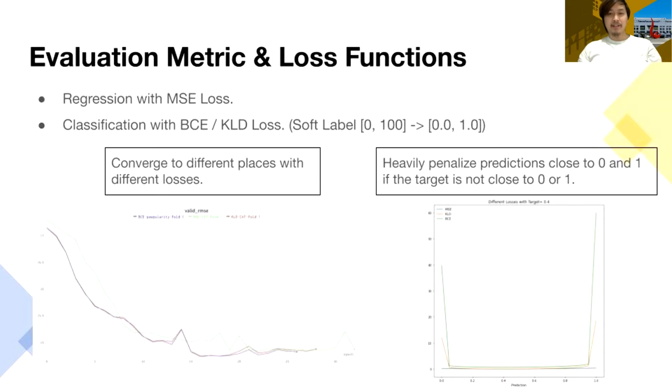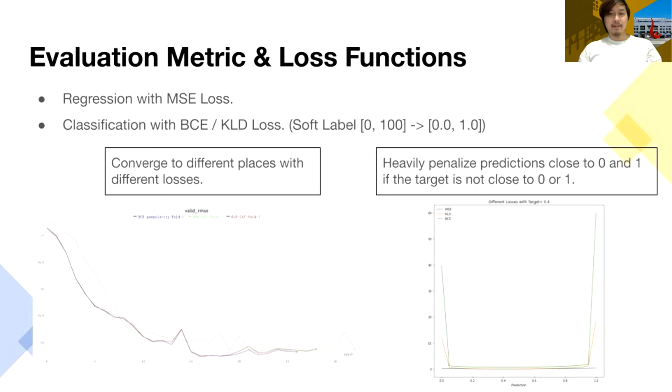Although the competition is a regression task, normally we should use the MSE loss. But people in the forum discovered that actually binary cross entropy loss performs better in this case. People don't know why, but to my understanding, based on the distribution plot in the previous slide, you can see most of the target values are not close to 0 or 1.